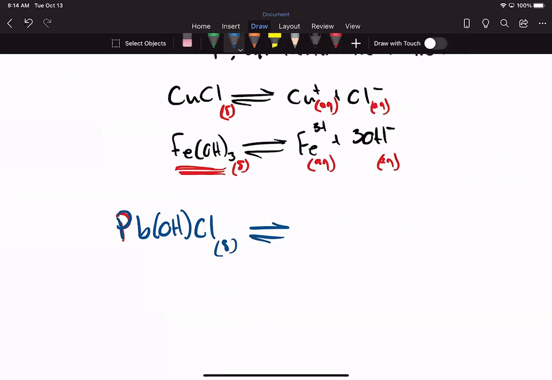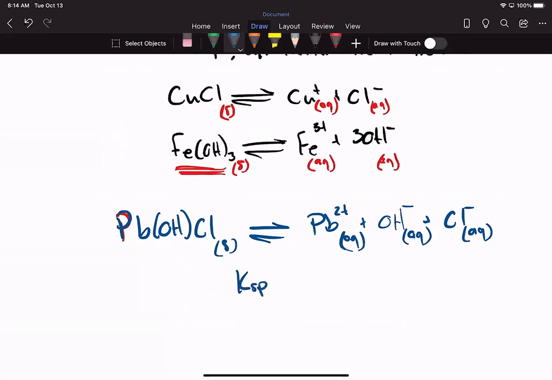Sometimes we're going to have 3 ions here. Not just 2, but 3 ions. And again, we'll just go ahead and separate these. We would separate this into lead 2 plus some hydroxide plus some chloride, all of it being aqueous. If I was going to write a Ksp for this, it's still products over the reactants.